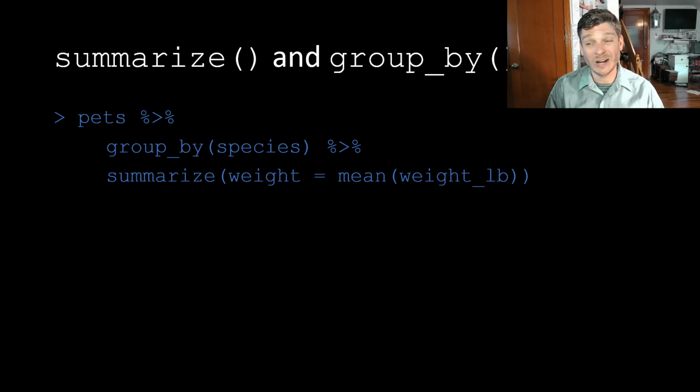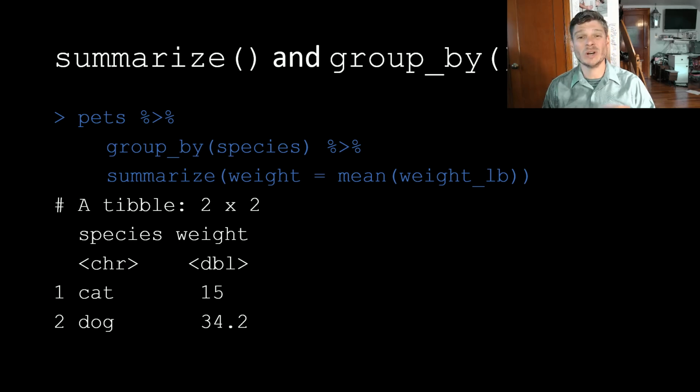And when I run this code, what I'm going to get is a tibble, a 2x2 tibble. And again, it's grouped by the species. There's only two species, which means there's only two observations here, cats and dogs. And then I have another column for the weight, and the weight is the average of each of the weights of the cats or each of the weights of the dogs.